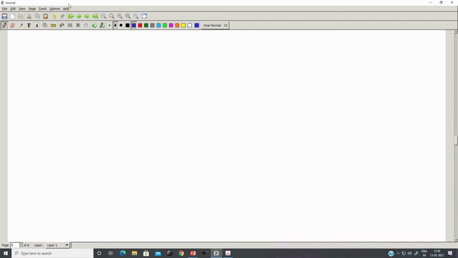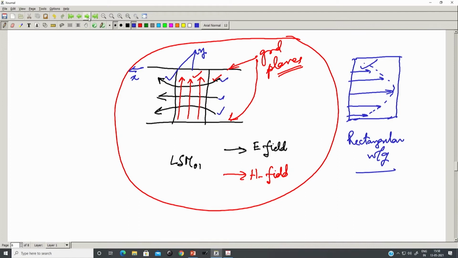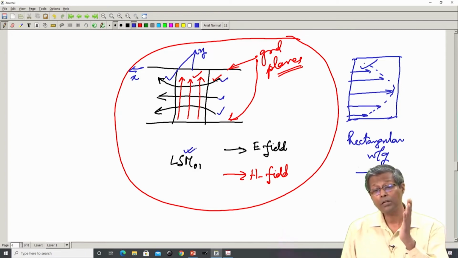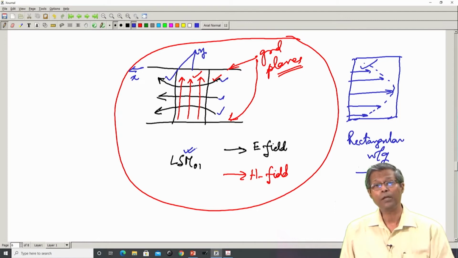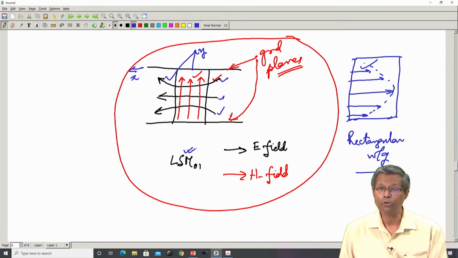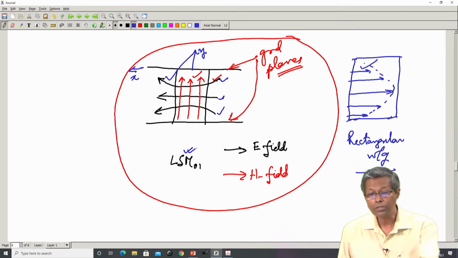The other thing which should be borne in mind is that if you consider the LSM01 mode, and you say that if I insert a mode suppressor along the YZ plane nothing is going to happen to the LSM01 mode, that is not principally correct, because the magnetic field is along the YZ plane.